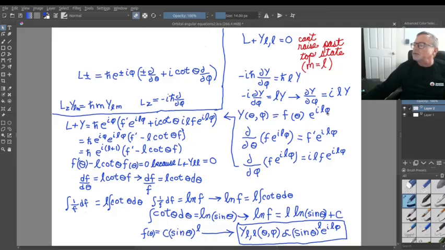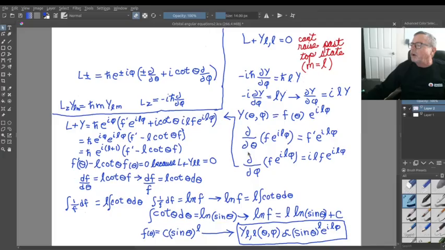Well, what's going to be necessary is to take the derivative of this thing with respect to theta and the derivative with respect to phi. That's going to be needed to fill in this stuff over here. So let's see what that's going to be. The partial with theta doesn't do anything with this because there's no change, so that just becomes a constant.